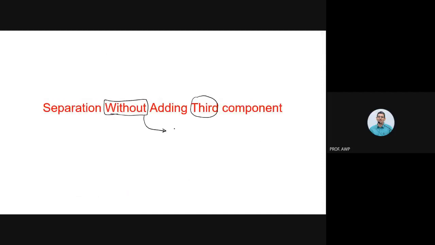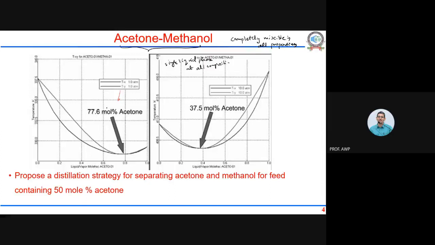One of the ways was to look at pressure, if the azeotrope composition changes significantly with pressure. Then like this, you see there is a significant change.